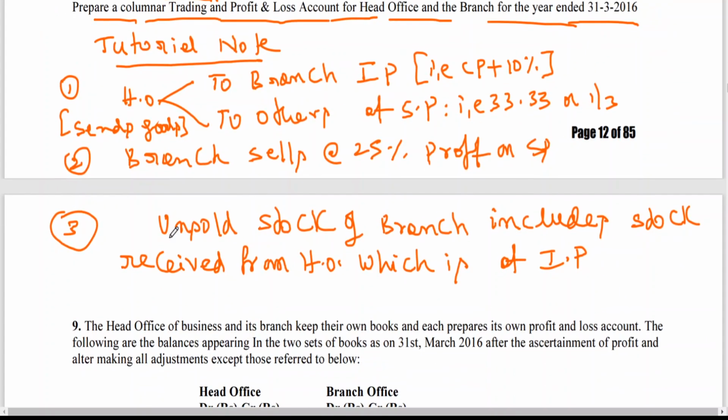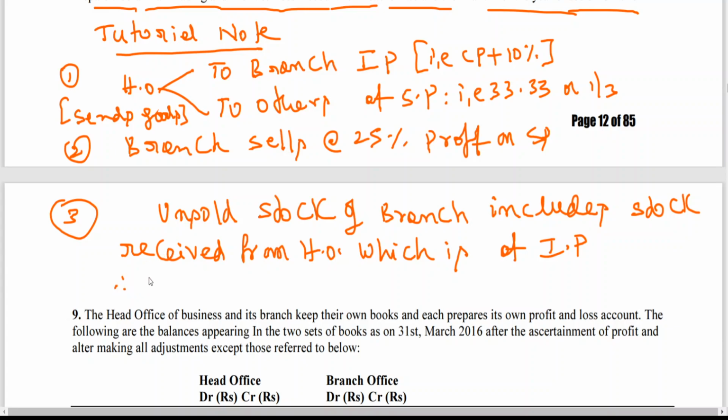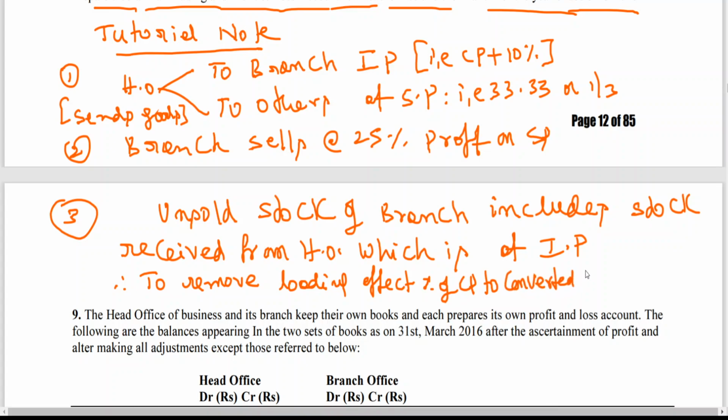Therefore, to remove loading effect, percentage of CP to be converted to percentage of IP. That is 1/10 of CP is equal to 1/11 of IP.